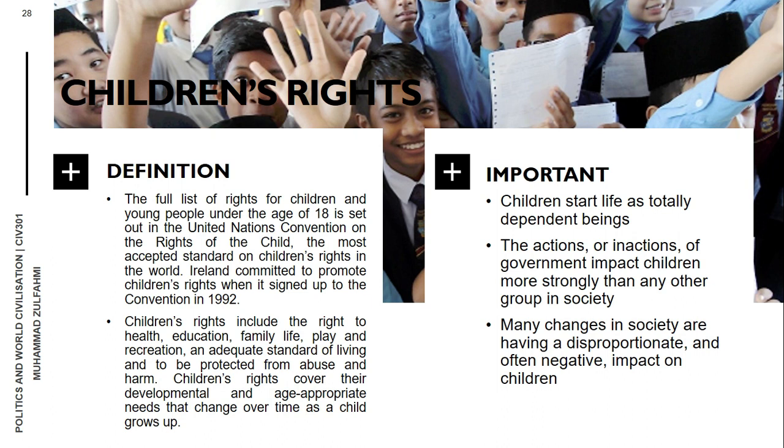It is important that children start life as totally dependent beings, which means children have a right to choose their own way of their future. Second, the action or inaction of government impacts children more strongly than any other group in society. Third, many changes in society are having a disproportionate and often negative impact on children.